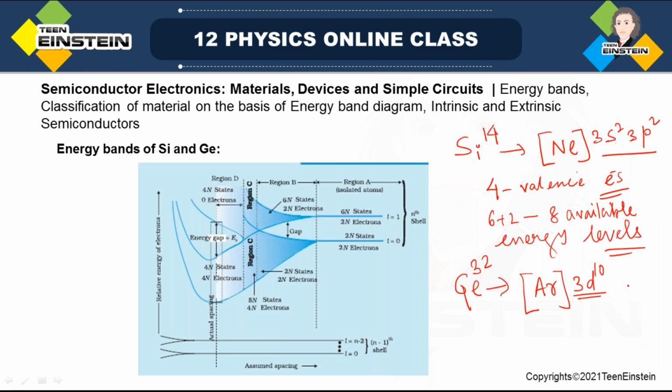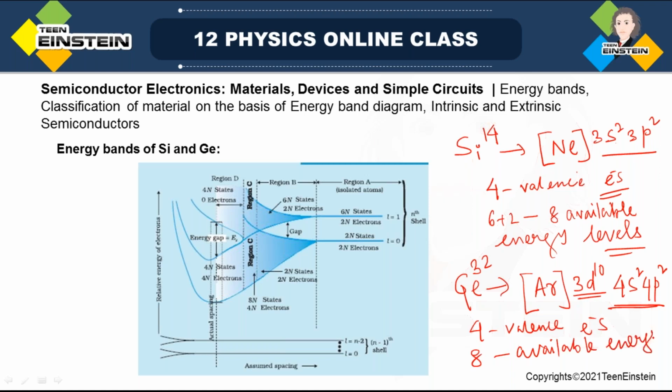That means it is completely occupied, and 4s2 and 4p2. So here the valence electrons are in the 4s and 4p. So here also s and p. You can see there are 4 valence electrons, and 8 available energy levels.